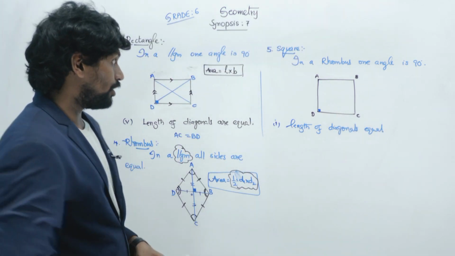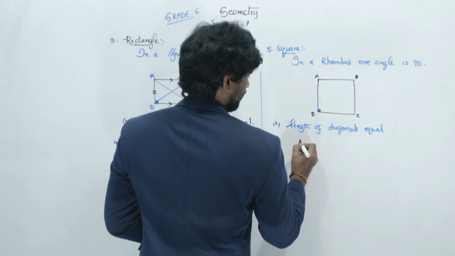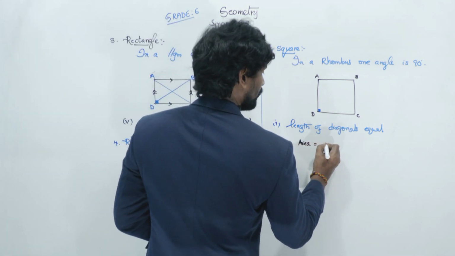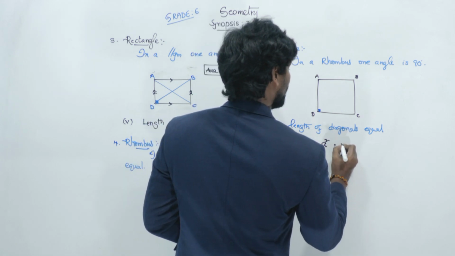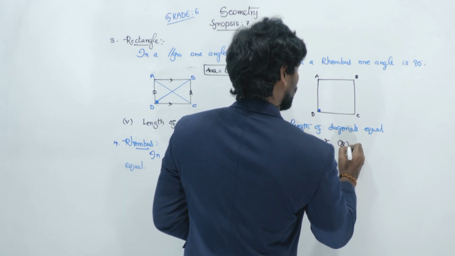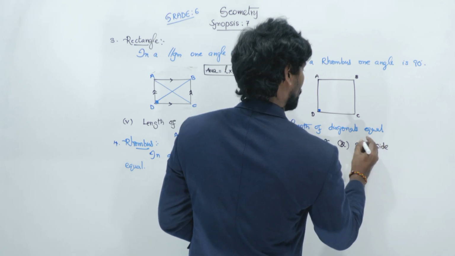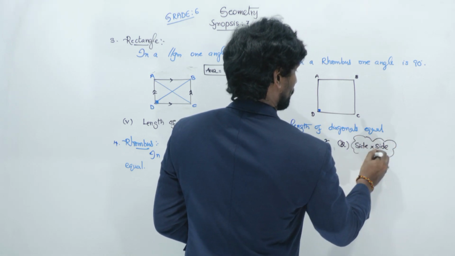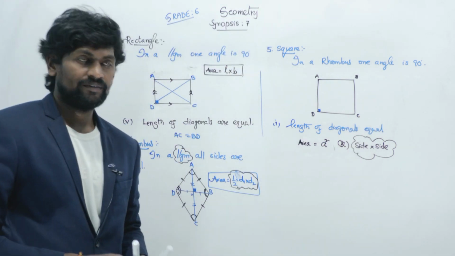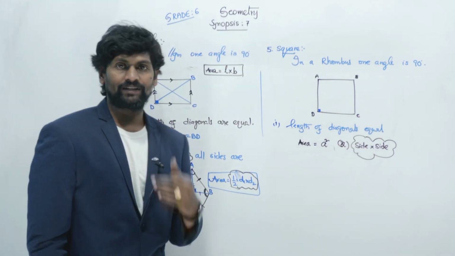Okay, now area of a square. Area of a square is side into side, or side squared. Okay? So this is about a square.